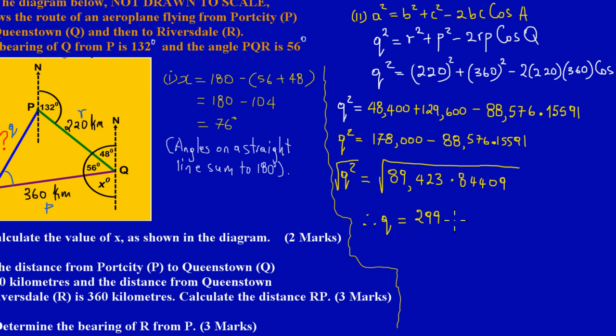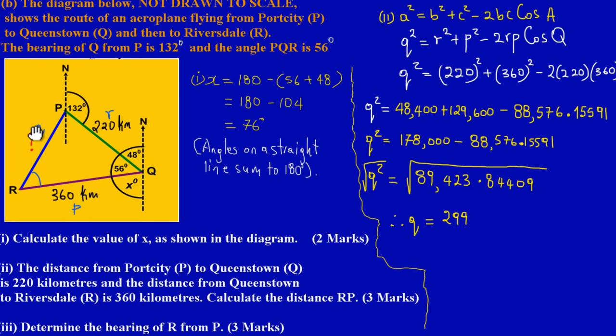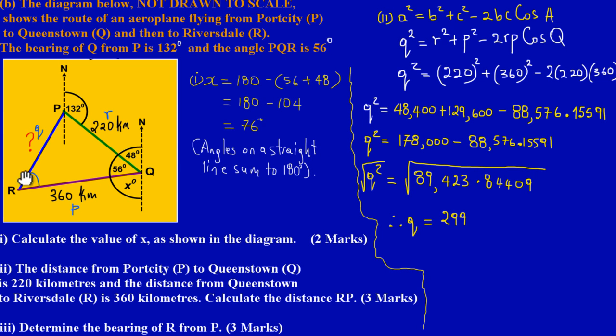I'm left with 299, and I'm going to leave it there, because I didn't state whether or not we should round off to 1 dp or two significant figures. So Q is really equal to 299, but please remember what we are working out. We're working out the value for RP.